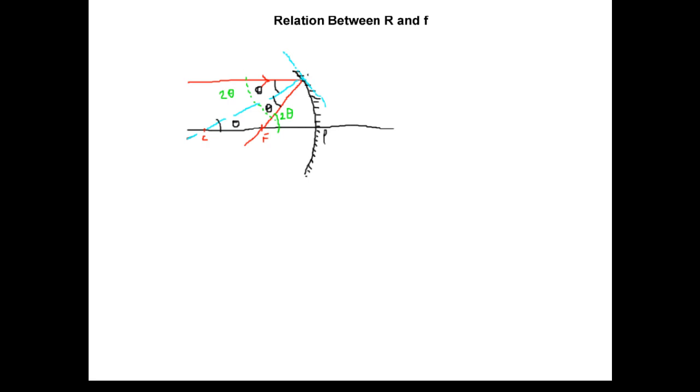Now, in order to establish the relation, we also draw one perpendicular from here. Let me name this point as M, and I will draw one perpendicular. This is N. Now, the assumption we are going to make is that the point M is quite close to P. When this happens, the angles theta or 2 theta will be very small. So what is our main assumption to establish the relation?